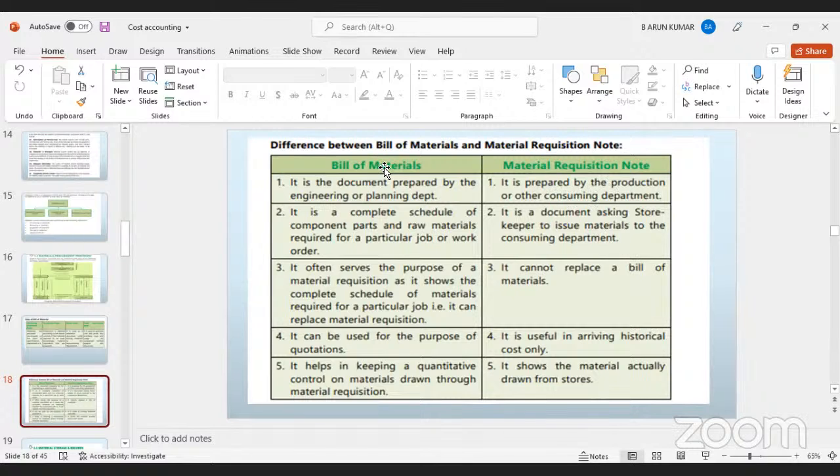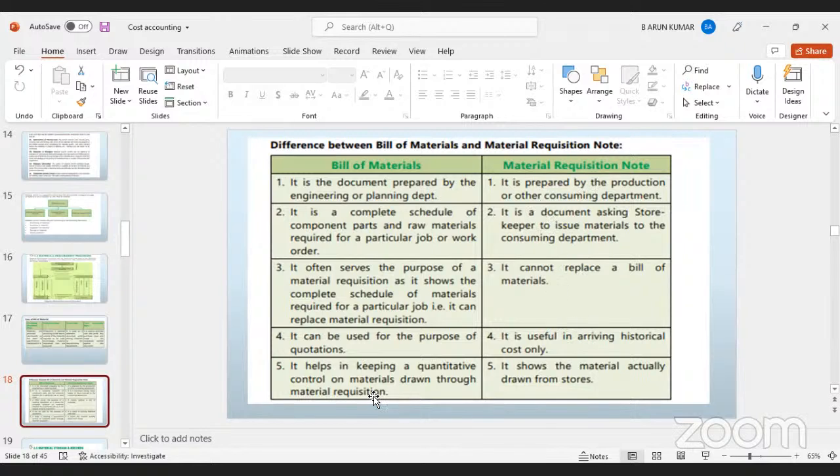The difference between the bill of material and the requisition note is that the bill of material is purely from outside, where we get the goods from outside, while the requisition note is for internal purposes.